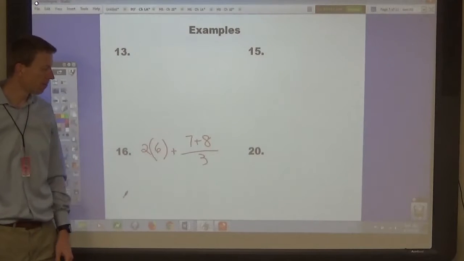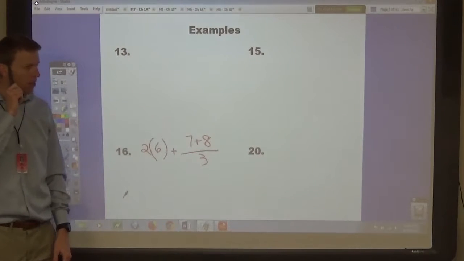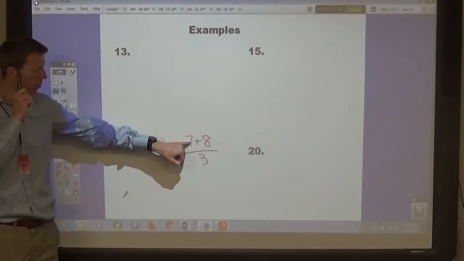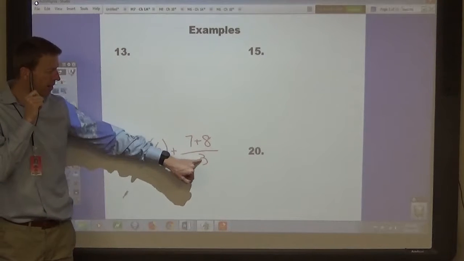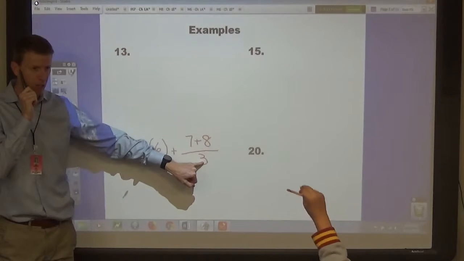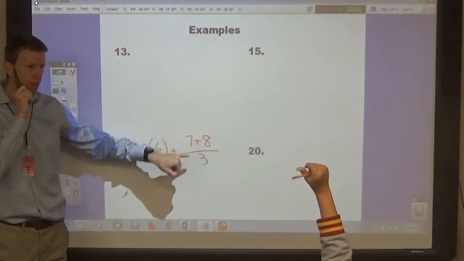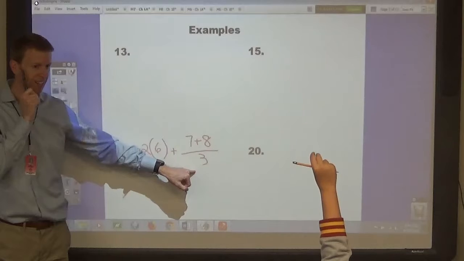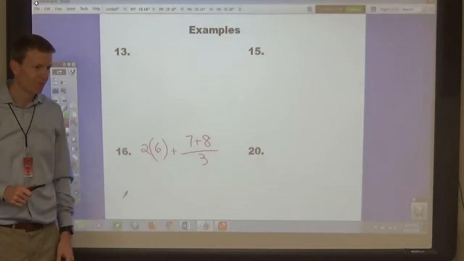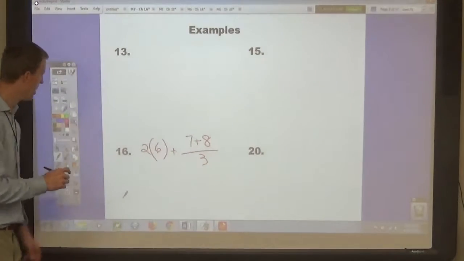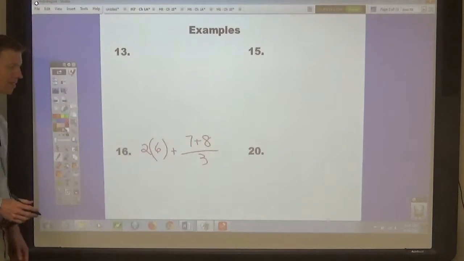That's division, yep. But wait, 7 divided by 3 and 8 divided by 3, neither of those is divisible by 3. So what do we have to do on the top and the bottom before we divide? You have to add the top, 7 plus 9. Right. And you add just 5.